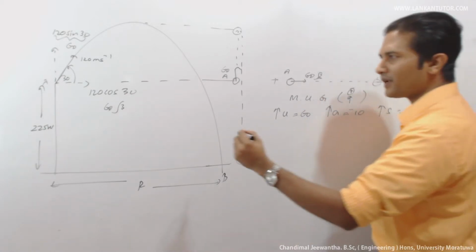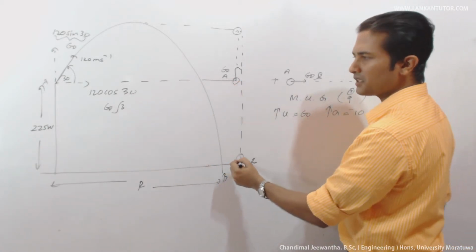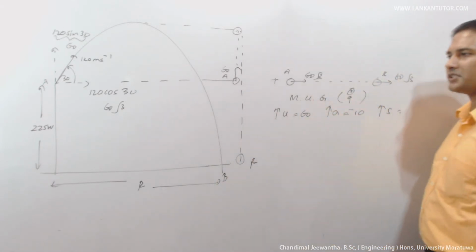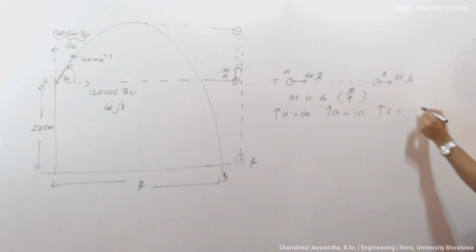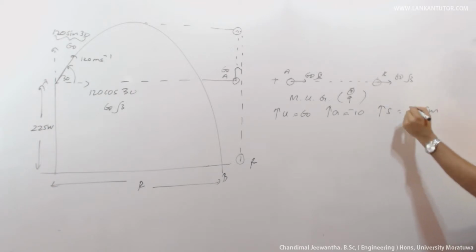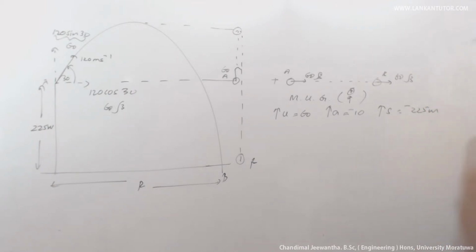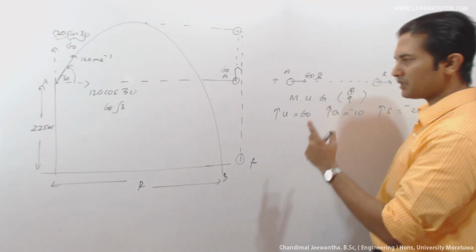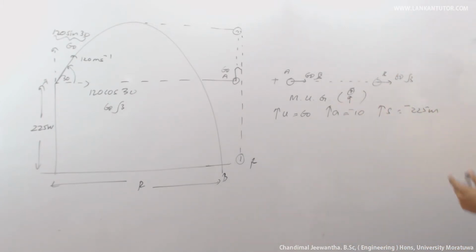How would you find the displacement? This is the initial point, this is the final point, the direction is downwards, the gap is 225 meters, it should be negative. It should be negative because we are considering the upward direction as positive, but the direction of the displacement is downwards.